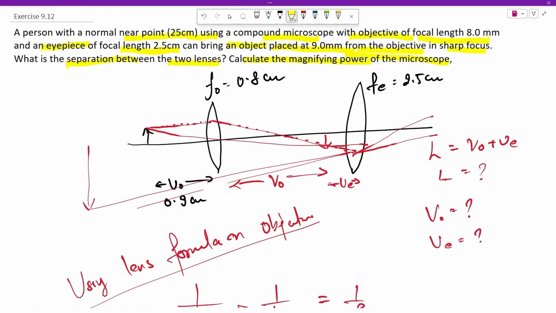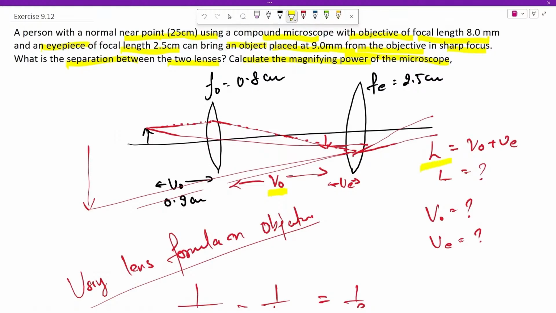In order to get the length between these two lenses, we will have to find the distance of the image created by the objective, that is VO, and the distance between that image and the eyepiece lens, which we can term as the object distance UE.